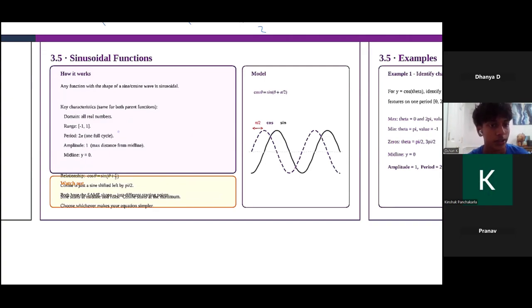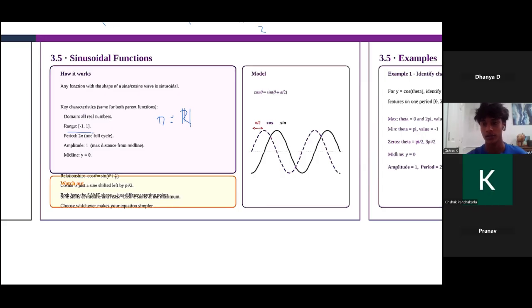So here are key characteristics for both sine and cosine. The domain is going to be all real numbers. And this is just for the parent functions, right? No transformations involved. Range is going to be from -1 to 1 because the amplitude is 1. The period is going to be 2 pi, which is one full cycle.